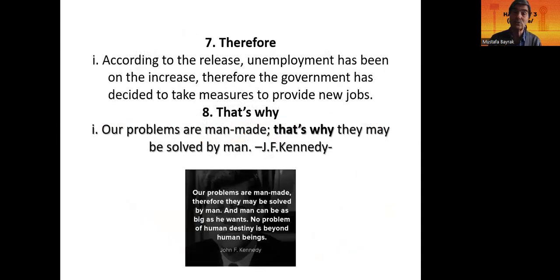Therefore, we should be able to use them easily and practically. According to the release, unemployment has been on the increase. Therefore, the government has decided to take measures to provide new jobs. Therefore, our problems are man-made.